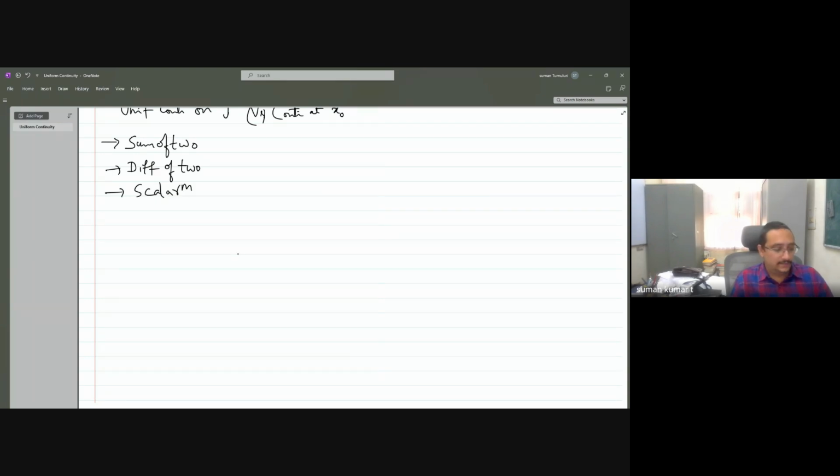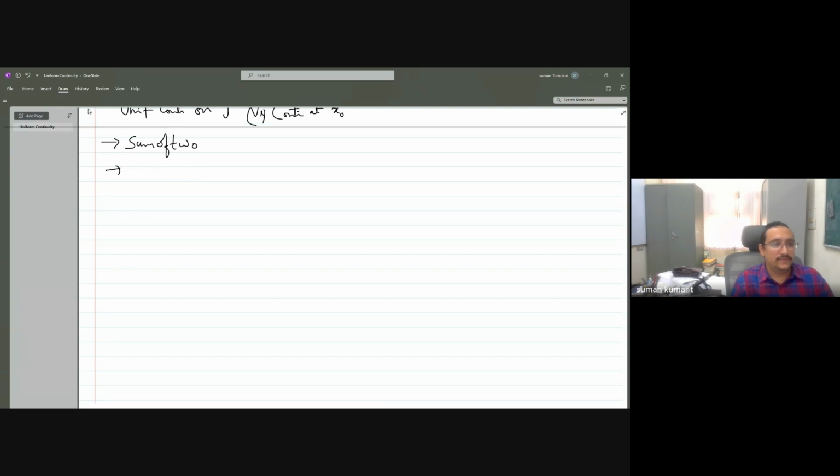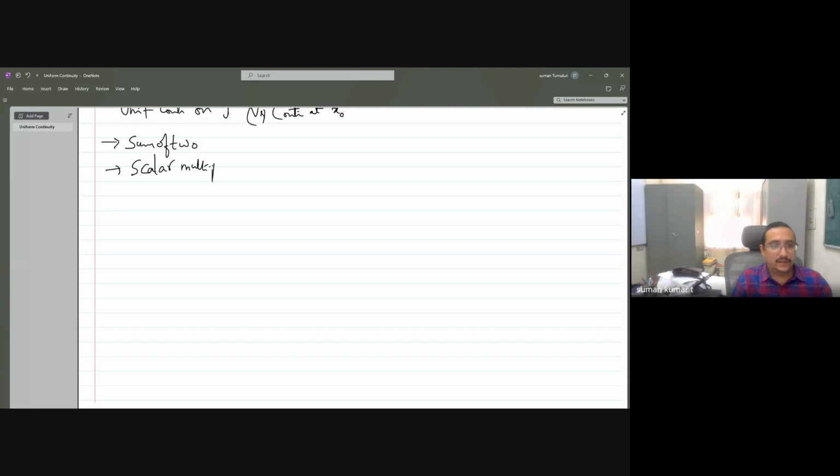Difference, once I have sum, that is good enough. A scalar multiple of a continuous function is continuous. The composition of two continuous functions is again continuous. So these are the three results that you have seen when you studied continuity.